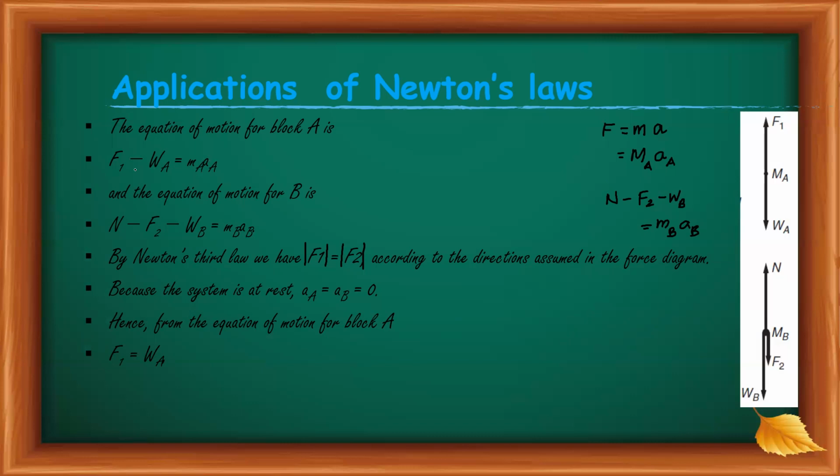And for the second equation, aB is also equal to 0, and N minus F2 minus WB is equal to 0, or N is equal to WB plus F2.